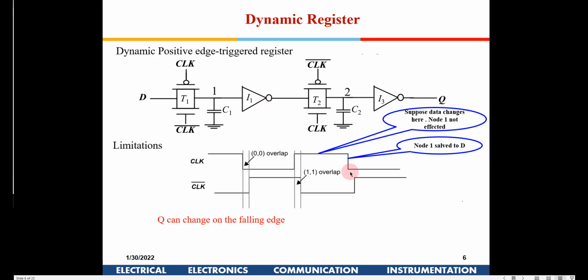If it were perfectly synchronized, then this won't propagate further. But since there is a jitter here, and at this transistor gate, clock bar is still low, from here it will get propagated. So even at the negative edge, there is a possibility of D getting transmitted to Q. So that is one more issue out here.